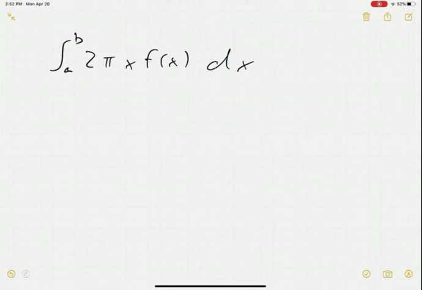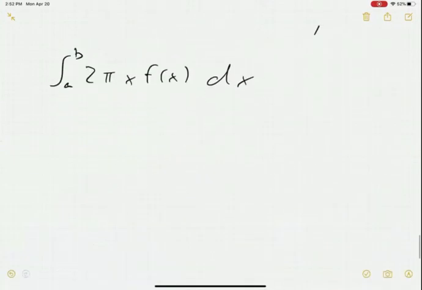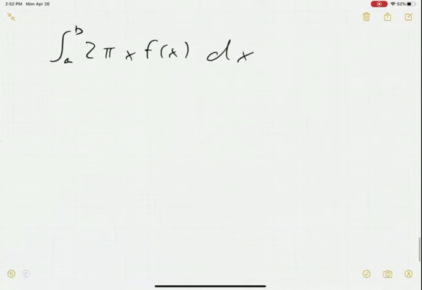So let's try an easy example first. Let's try to find the volume of the region we get when we take, how about y equals x to the 3/2, y equals 8, x equals 0.